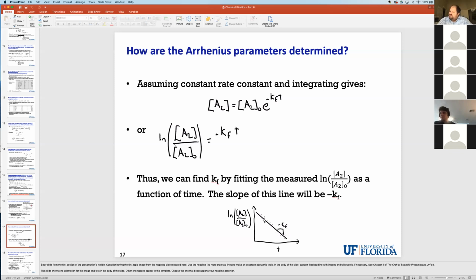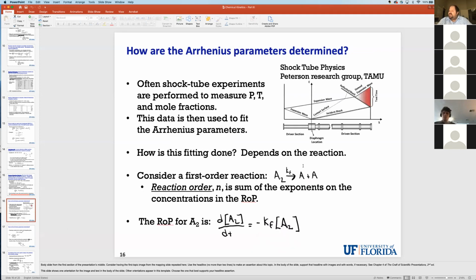Now, what happens if you see that the data is not statistically a straight line like this, but there's some sort of significant curvature? Well, that would usually indicate one of two things. The primary choice is that your chemical reaction that you assumed here is incorrect.